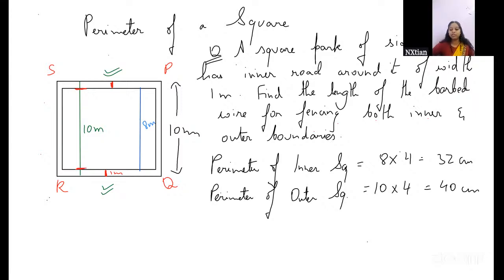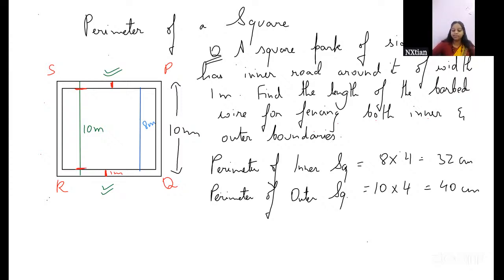Likewise, here we are fencing the whole boundary. Fencing means putting it on the boundary, and boundary is perimeter. So we have to find out the perimeter, without getting confused.